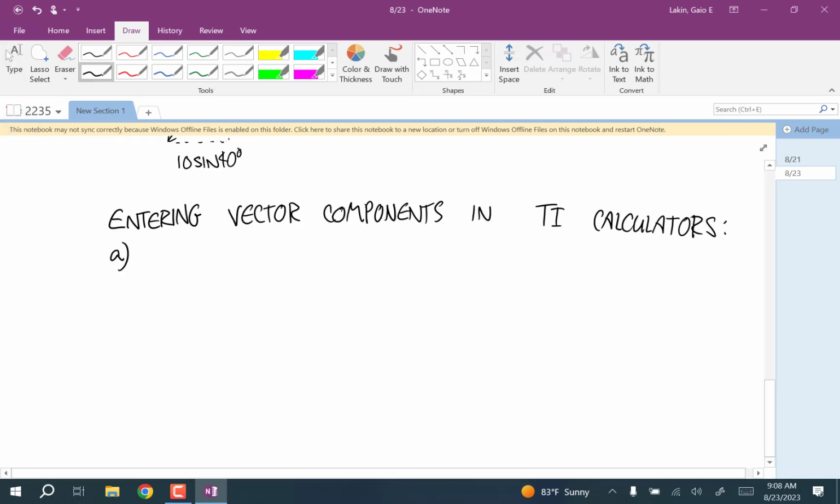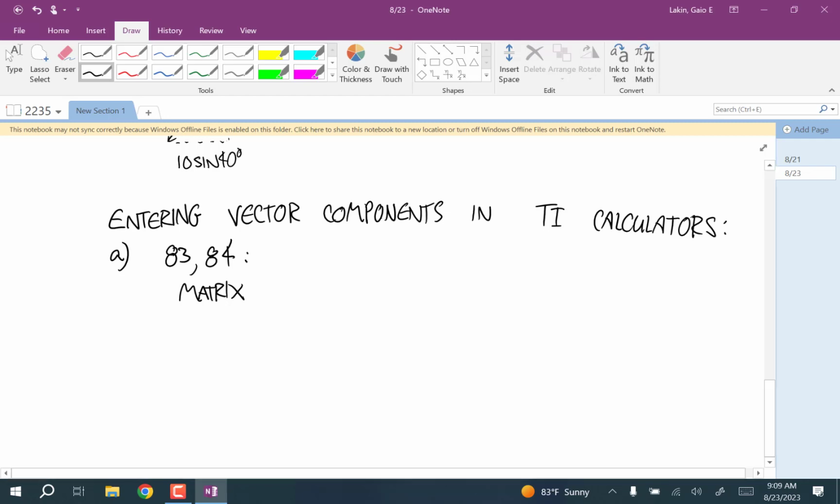If you have, I think, a TI-83 or a TI-84, you go to matrix. I think you go to second function and then math or something. That lets you into the matrix environment.